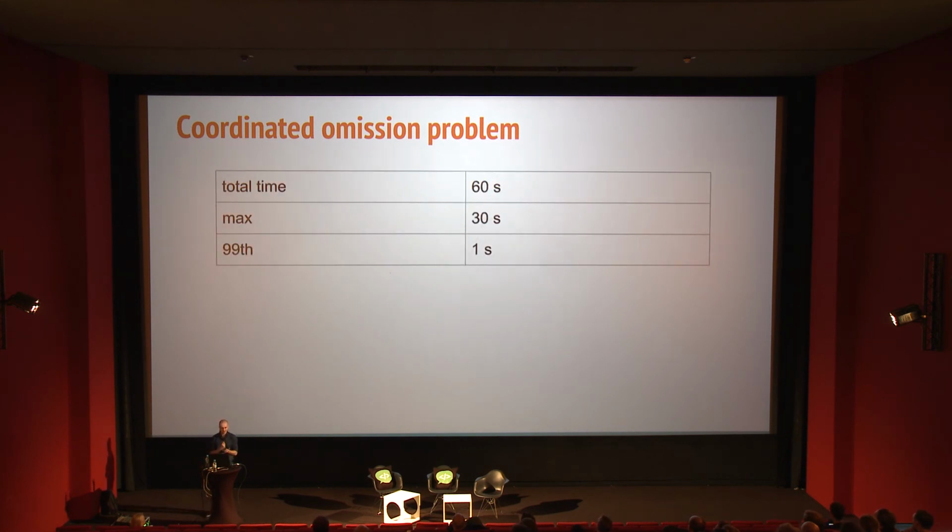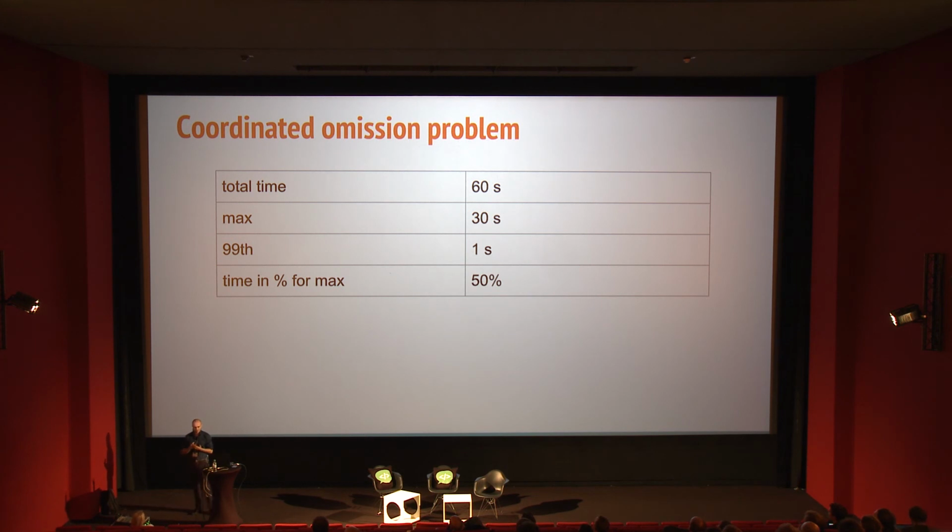Fortunately, you can validate your results using very simple math. First, you need to collect the total time of the test, then the maximum time for one request, which is 30 seconds. Then, for example, we want to validate the 99th percentile, which is 1 second.